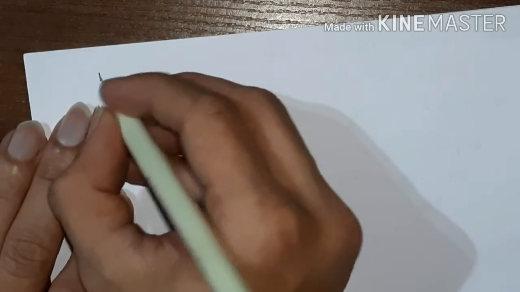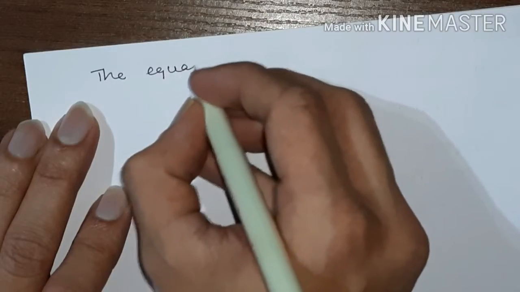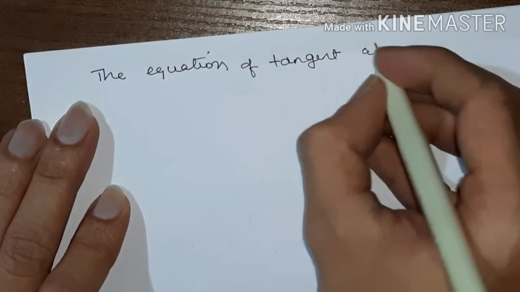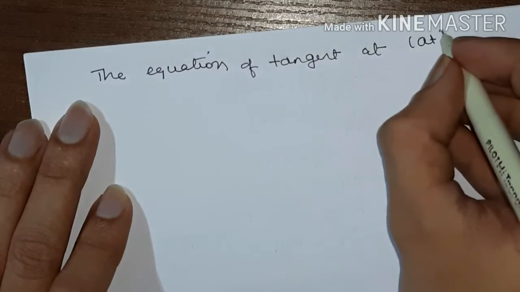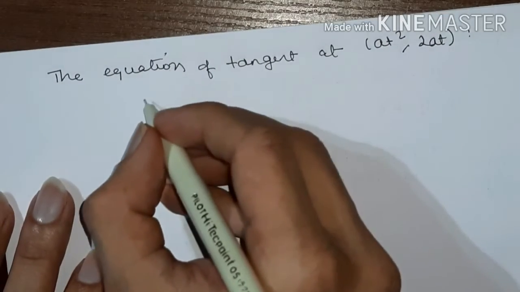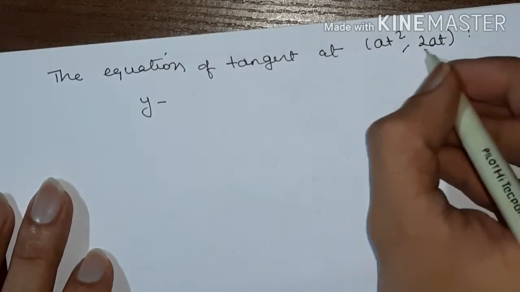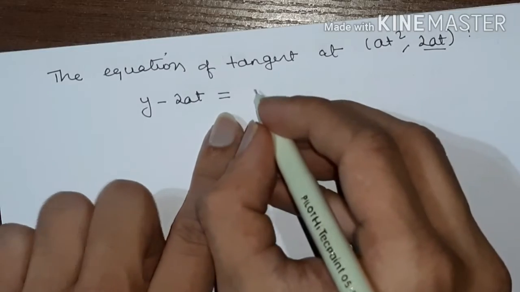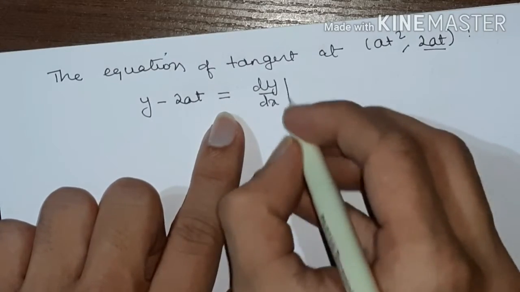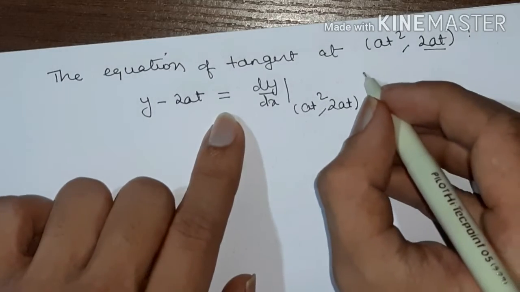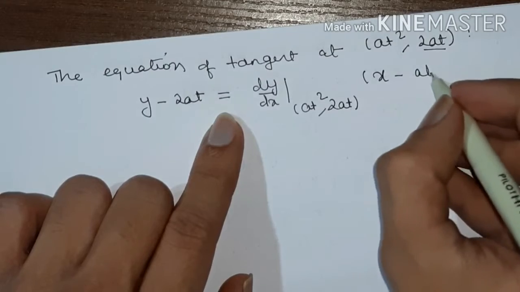So let us find the equation of the tangent at (at², 2at). It is y minus y naught, so y minus 2at equal to dy by dx at the point (at², 2at), multiplied by x minus at².